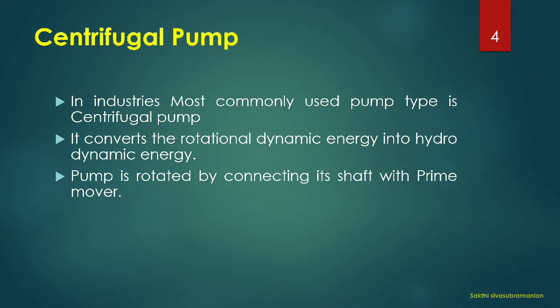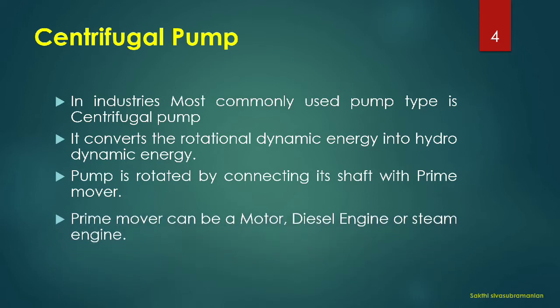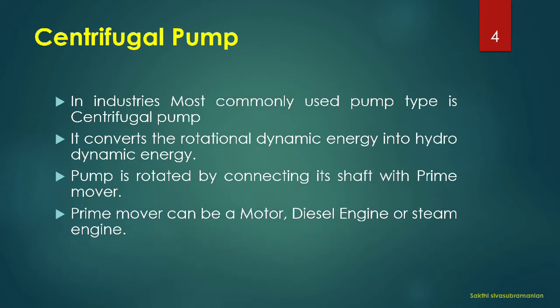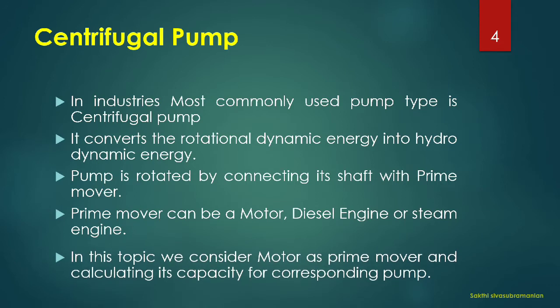The prime mover can be a motor, diesel engine, or steam engine. In this topic, we consider an electric motor as the prime mover to rotate the pump, and we can see how to find out the capacity of that electric motor for the corresponding centrifugal pump.